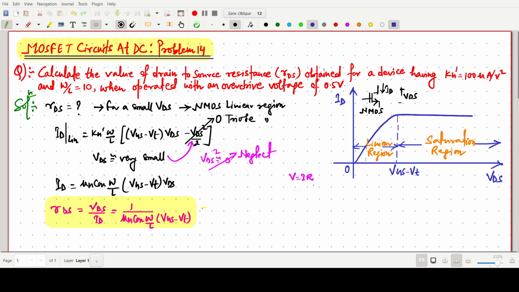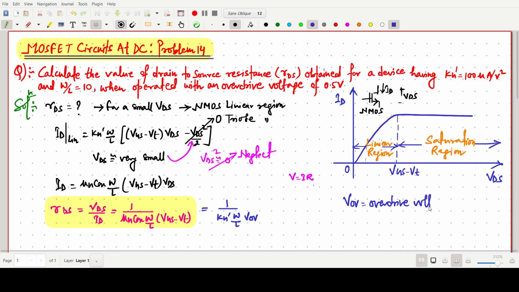One can also write the same equation with mu n COX as simply our K'n, the process transconductance parameter, times W by L, times VOV. VOV is our overdrive voltage, that is VGS minus VT, and this value is given as 0.5 volt.